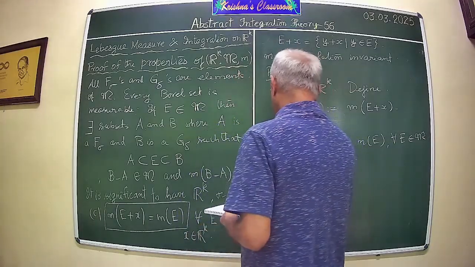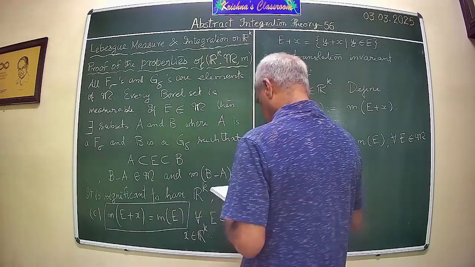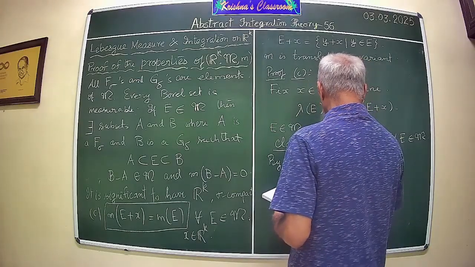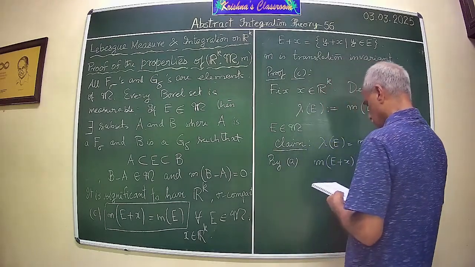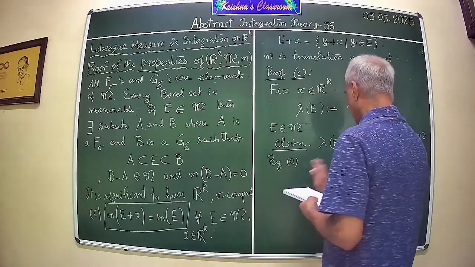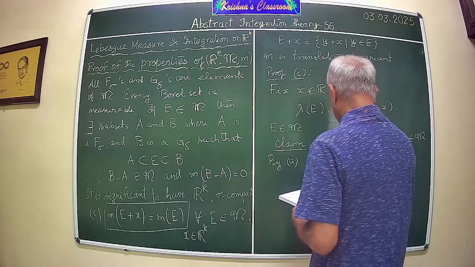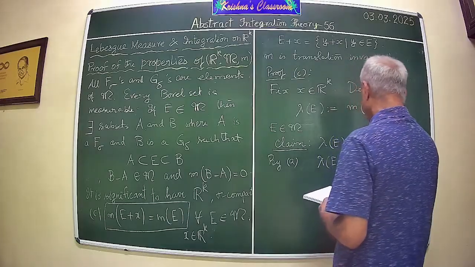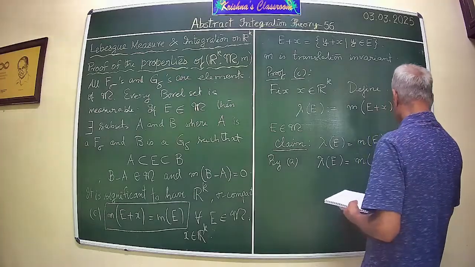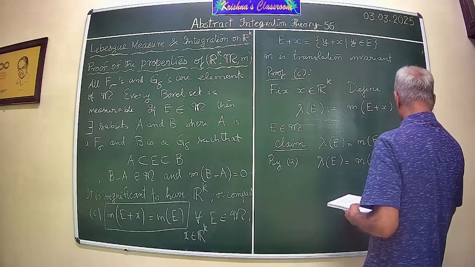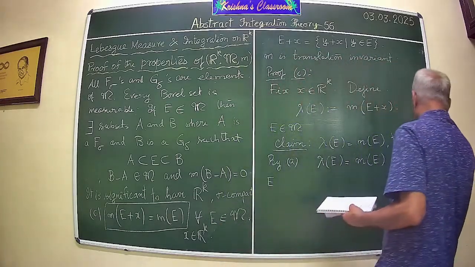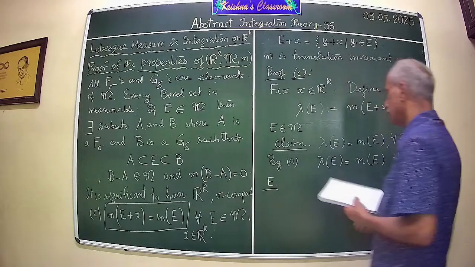Now by A, the measure of E plus X, that is lambda of E, is equal to the measure of E for every K box. So if you are restricting to K boxes, then you see that this property is satisfied.